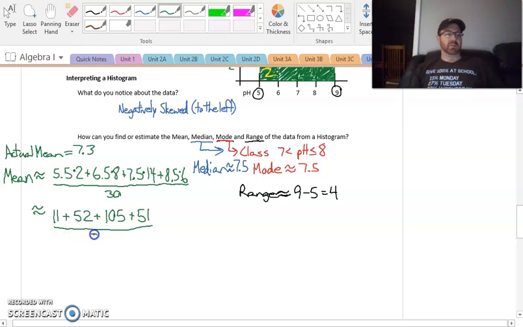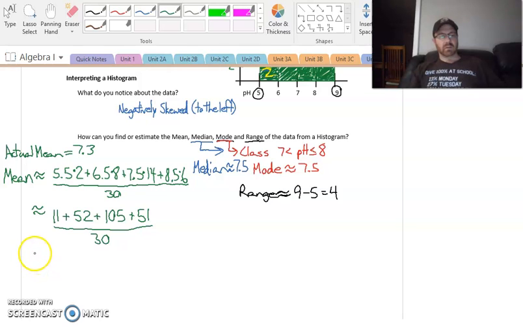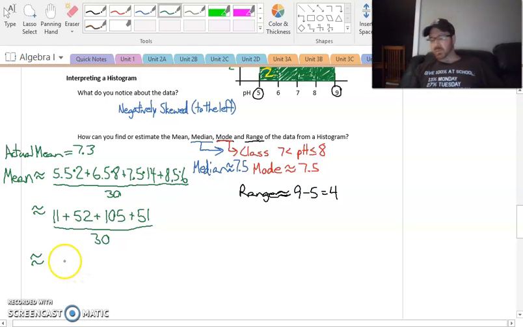We're dividing that by 30. When we do the addition on the top, we come up with 219. 219 divided by 30 just happens to come out to exactly 7.3. So you can see this actually can be a relatively accurate way of approximating the mean. In this case, it actually came out to the actual mean. It's not always going to come out quite that pretty, but this time it did.